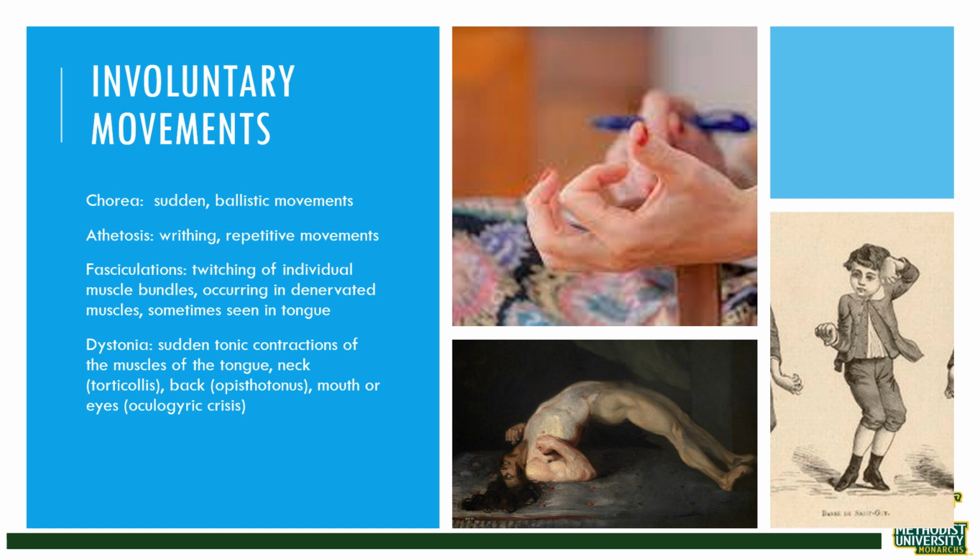Occasionally we see a muscle group in which the little bundles of muscle are independently twitching, and this tends to occur in muscles that have been denervated, in other words, lower motor neuron injury. Occasionally you'll see it in the tongue.